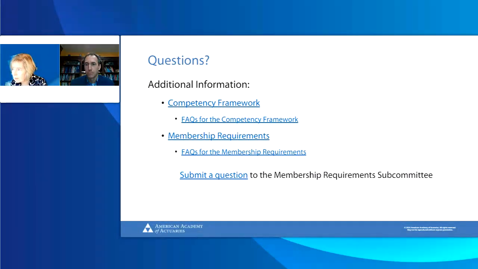The other one is why did we add an explicit experience requirement? Although some people think that we had one already based on the questions. Yeah, so the Academy did for a long time have a 3-year experience requirement. That experience requirement was taken out when the USQS was introduced, I believe.